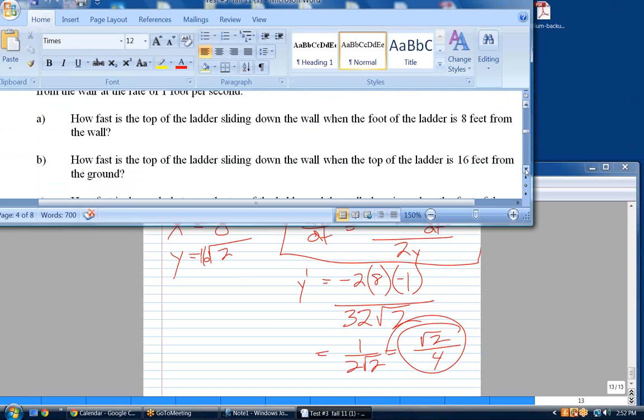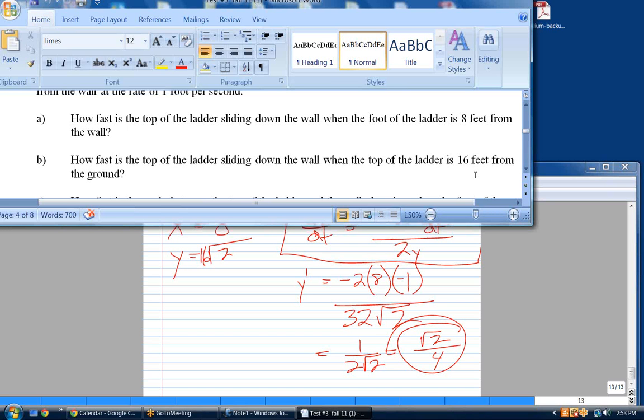How fast is the top of the ladder sliding down the wall when the top of the ladder is 16 feet from the ground instead of 8? Wouldn't that just be solving it again, except using 16 to find your y? Yes, it would be.